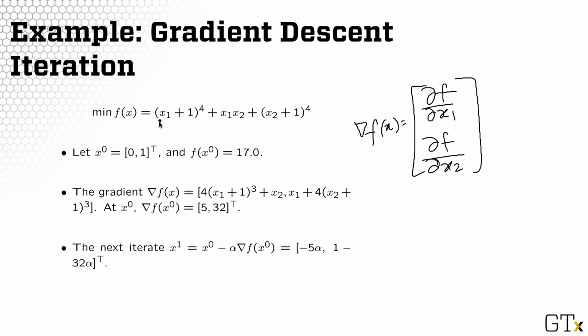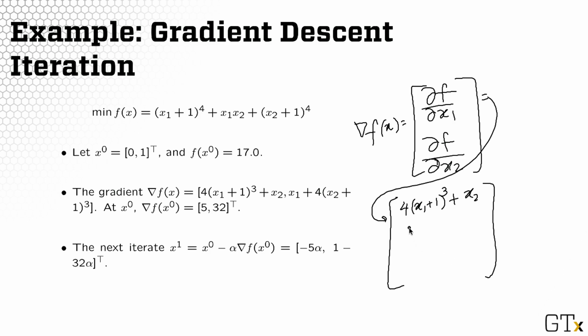If you take the partial derivative with respect to x1, the first term is 4 times x1 plus 1 cubed, plus x2, and there is no second term because it does not have an x1 term. And the second component is x1 plus 4 times x2 plus 1 cubed. Then we plug in the values 0 and 1.